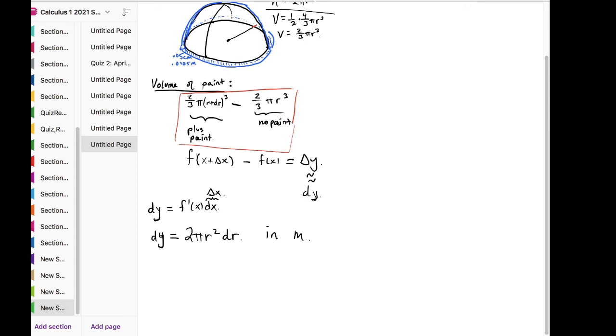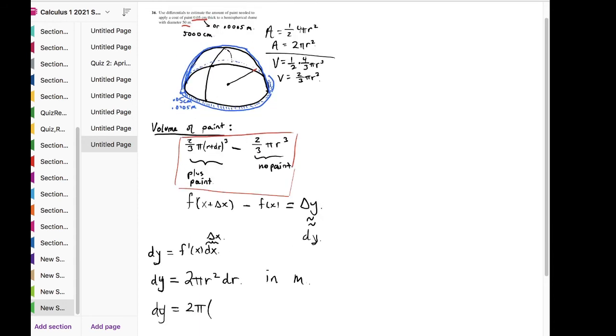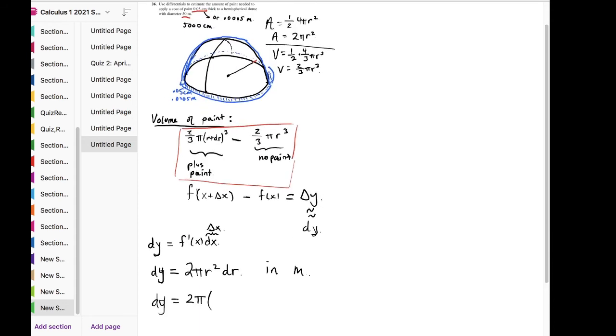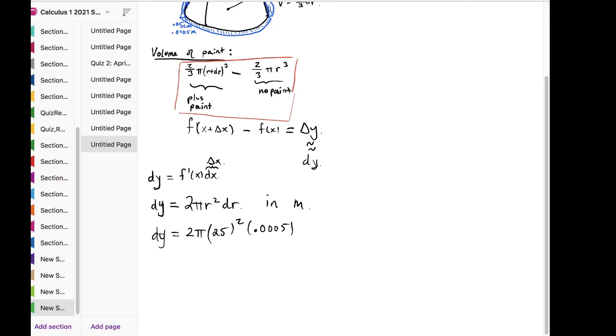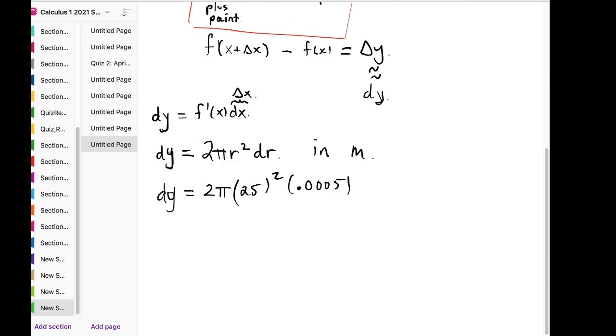Okay, so dy is equal to 2 pi. Okay, so what's the radius in meters? That was the diameter. 50 was the diameter, so 25. Sorry, I said 50 squared. Sorry, I meant 25 and then 0.0005. Okay, so what's 25 squared?